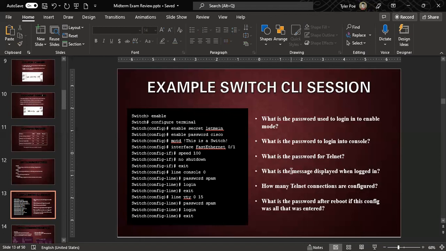So let me ask you all, what is the message displayed when logging in? This is a switch. Very good. So one thing I wanted to say, I noticed some people in the exam for test one actually included the hashtags or something. Now I actually counted wrong in the system, but I changed that.